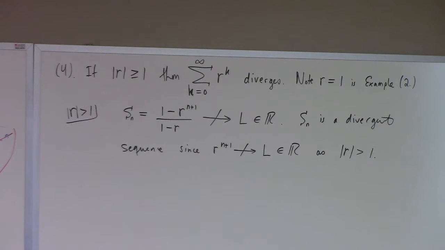And if r is a negative number with magnitude larger than 1, the sequence of partial sums goes way up, and then way down, and then way up, and then way down. It just oscillates between plus and minus infinity as it goes on. So it doesn't really diverge to infinity, it just diverges. All right. Any questions?